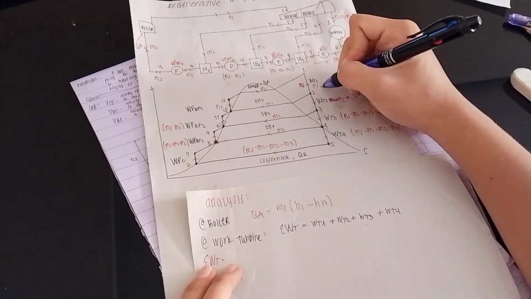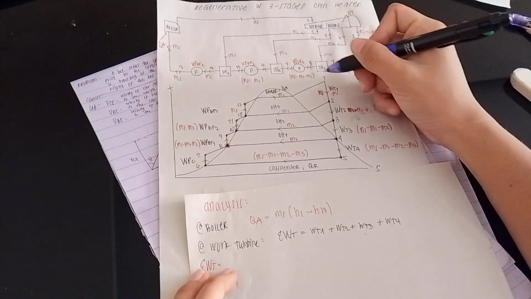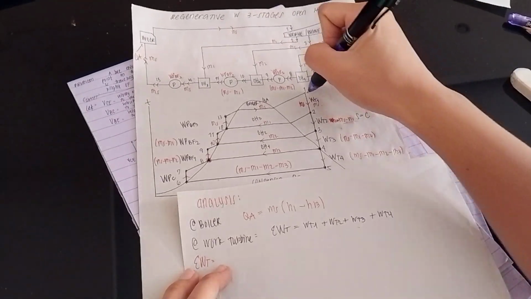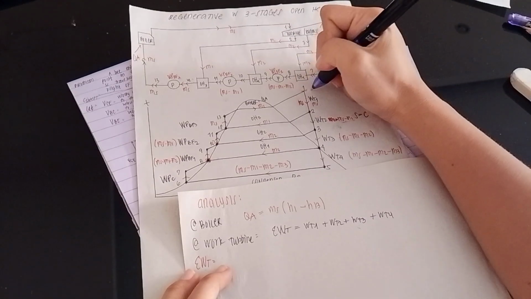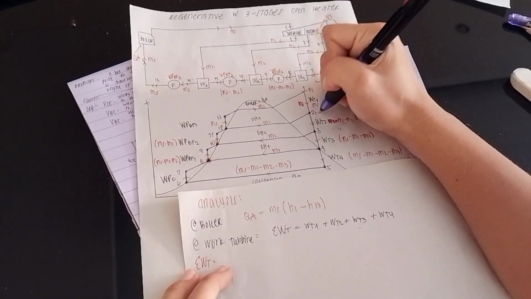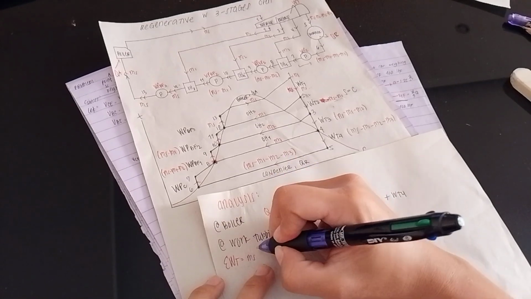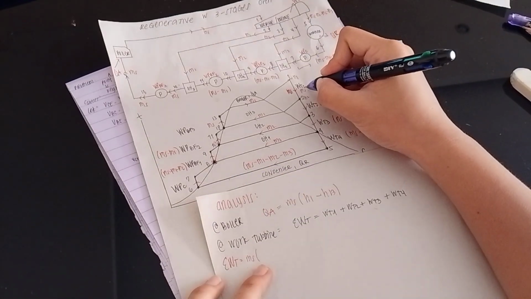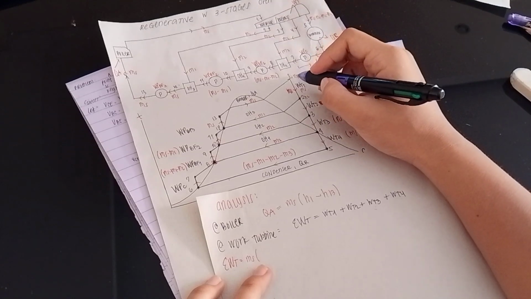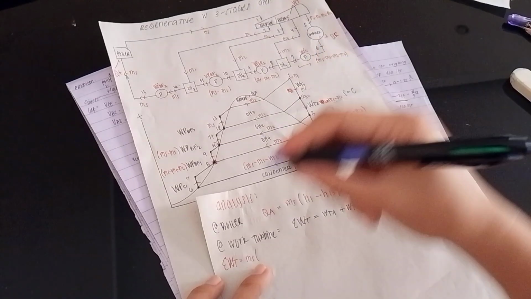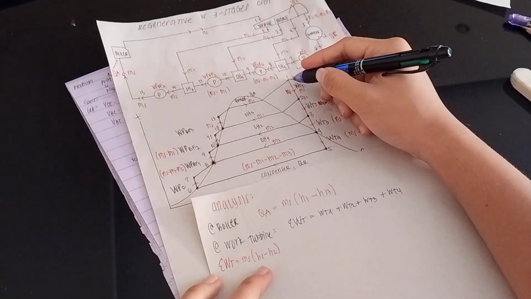MS. And the enthalpies are H1 and H2. So, for our work turbine 1, we have MS times H1 minus H2, since H1 is higher than H2.